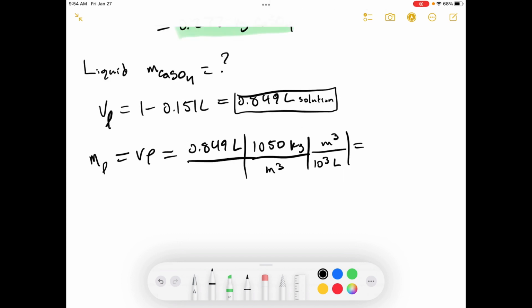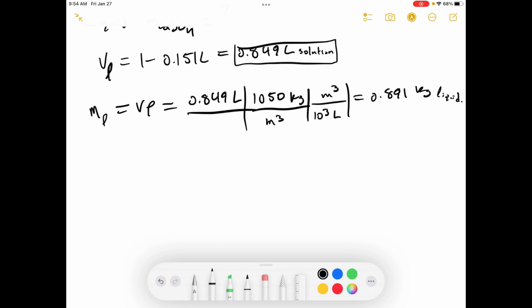And this equals 0.891 kilograms of liquid. So now we have the mass of liquid. We know they gave us this mass ratio of liquid. So we have 0.209 grams of calcium sulfate for every 100 grams of water.